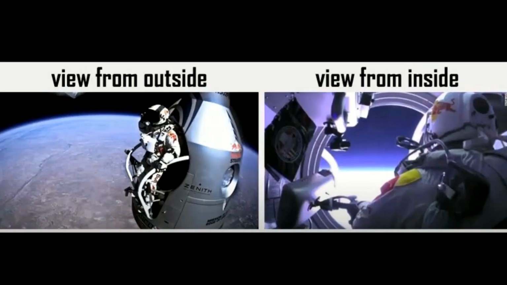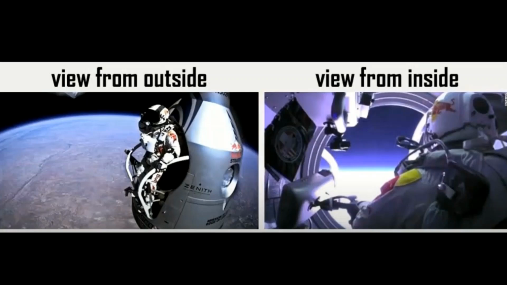By now, most everybody's familiar with the famous Felix Baumgartner Red Bull jump, where the view from outside used that wide angle fisheye lens, and you can see what many are calling the curve of the earth. I have other videos where news reporters have said, there's the curve of the earth.